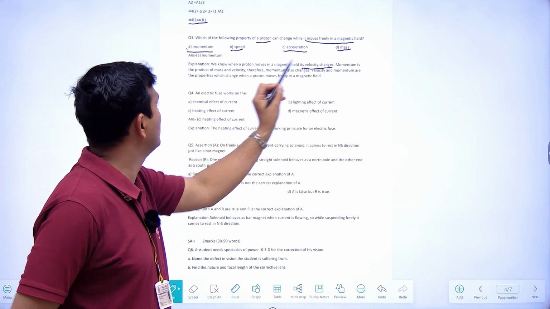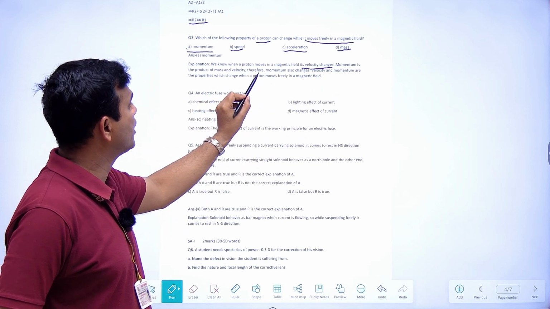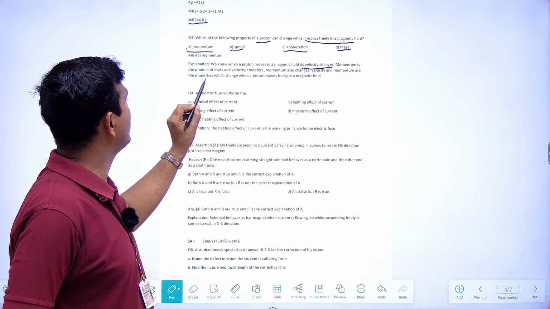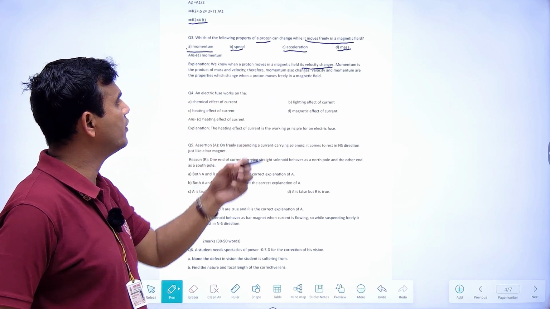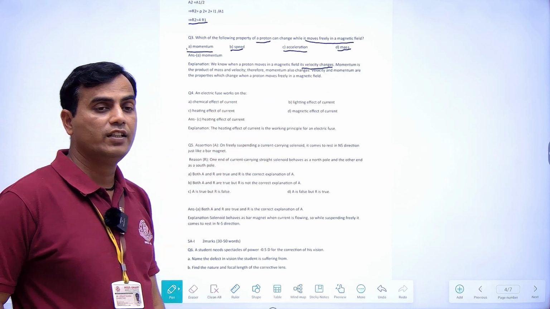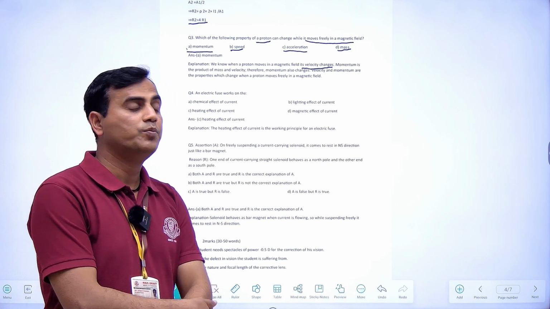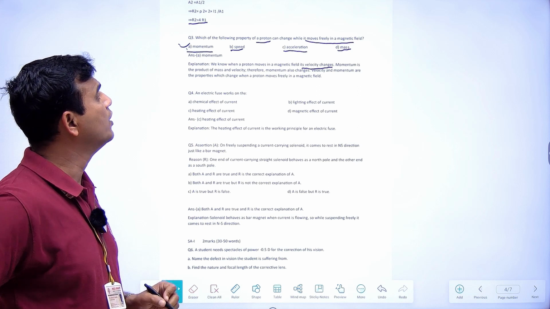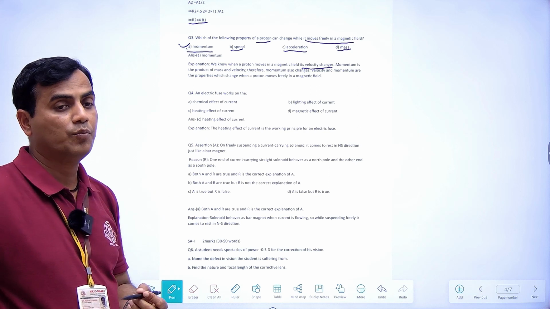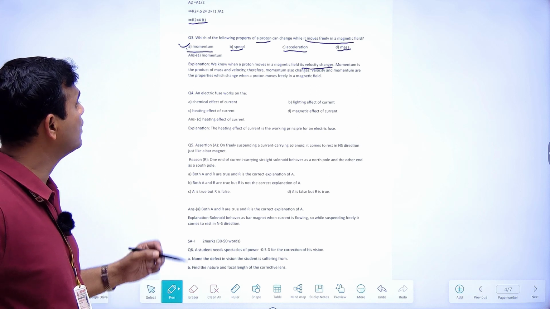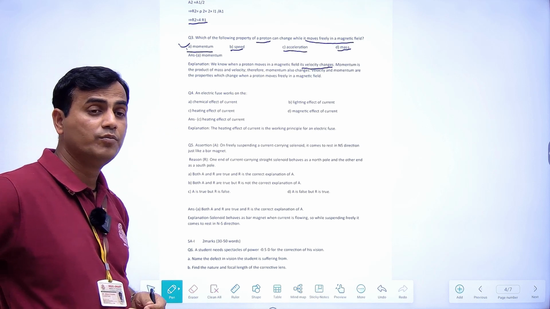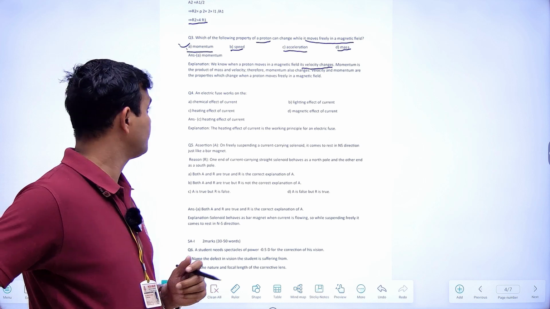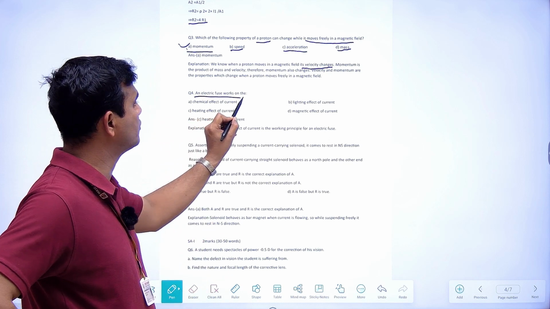So here momentum is our answer. Momentum is the product of mass and velocity, therefore momentum also changes. Velocity and momentum are the properties that change when a proton moves freely in a magnetic field. So our answer here, the property that will be affected, is momentum. Okay, the next question, also from magnetic effect of current: an electric fuse works on.